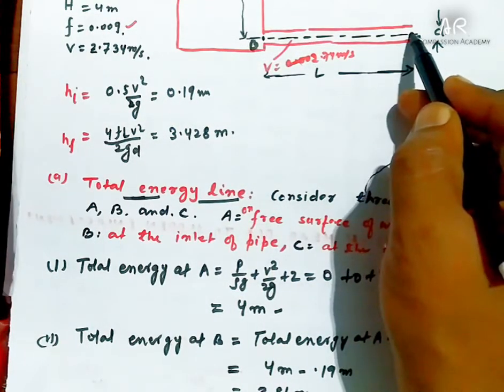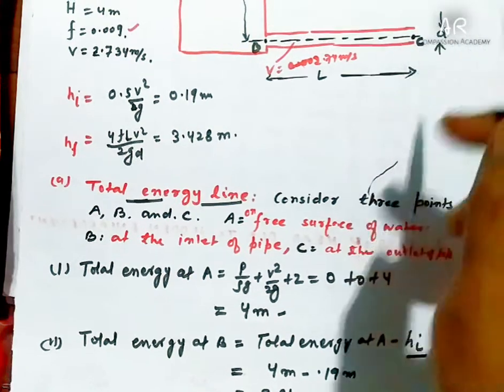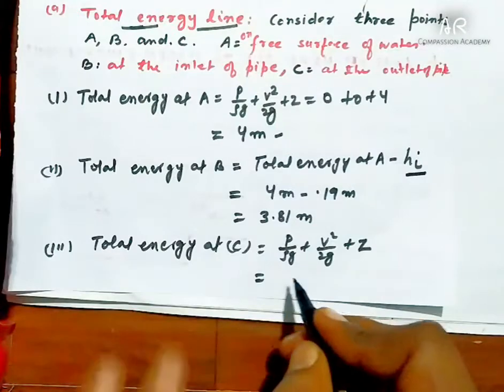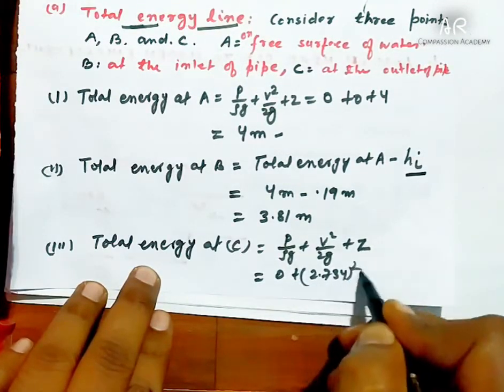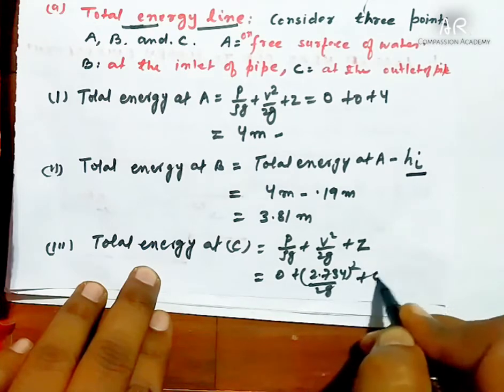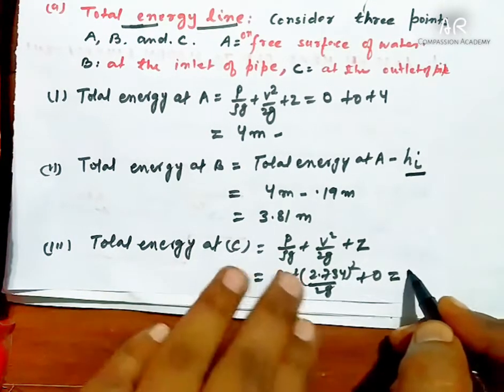So here there is only velocity head. So this becomes 0 plus 2.74 whole square by 2g plus 0, and this comes to 0.38 meter.